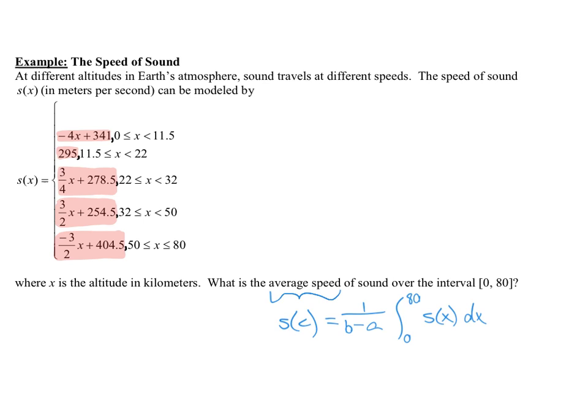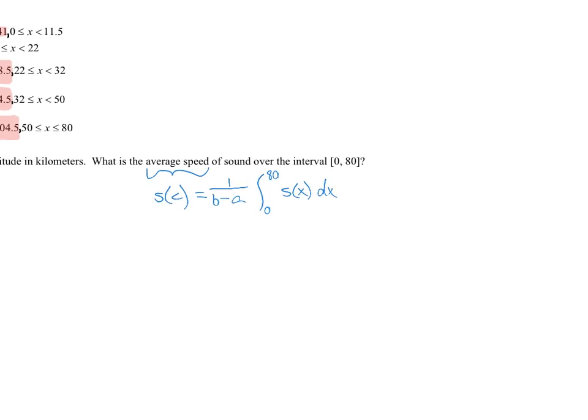So they can split it up into like 5 different integrals? Yep. In this case, because it's a piecewise function, we're going to be doing a number of different integrals. But notice we're using this same formula. The mean value is 1 over b minus a times that.